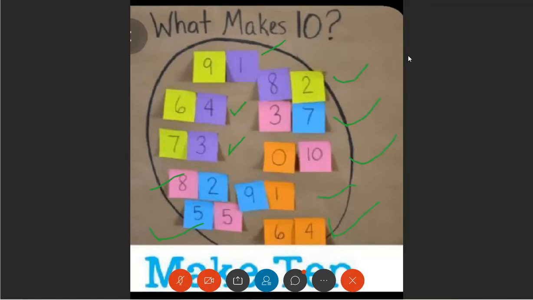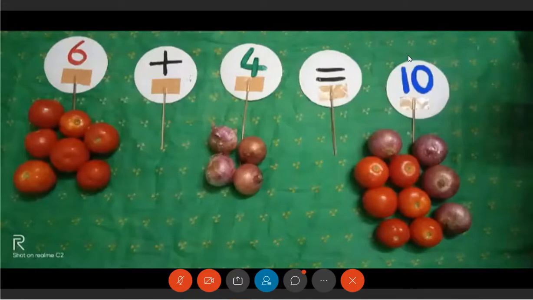Okay, now how to do this activity? Let's see one more picture. Yes, see here we have taken 6 tomatoes. How have we made 6? We have taken 6 tomatoes and added 4 onions.